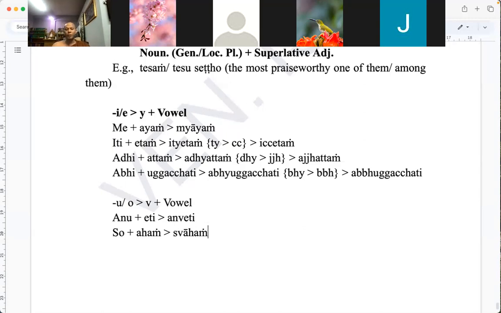But these are common changes, and sometimes instead of so ahan, so and the ahan, the other way, this R is dropped. So we have so ham also can be seen.